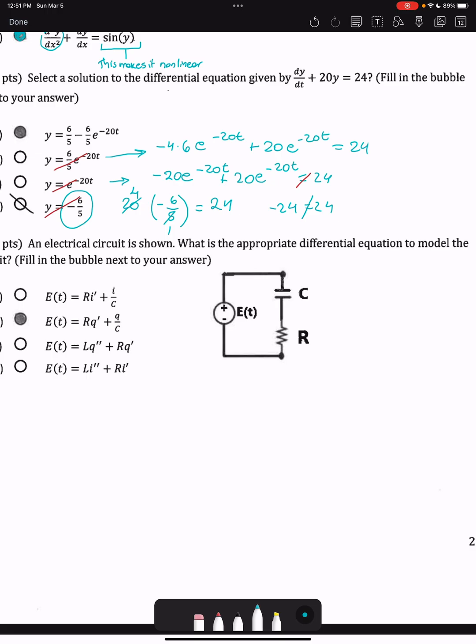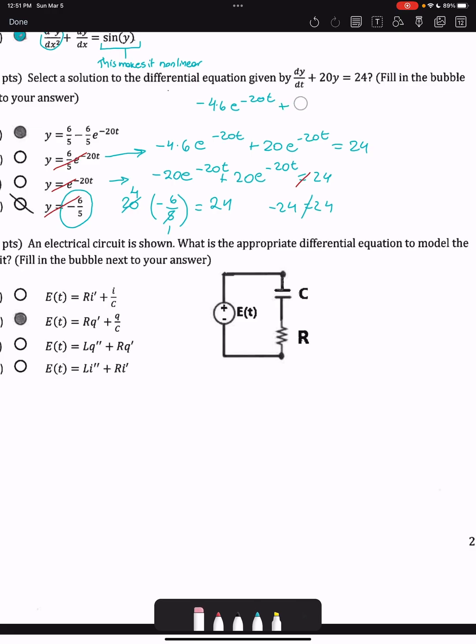Well, let's see. If I have a 6 over 5 minus whatever the derivative was, which was 4 times 6 e to the negative 20t, this one actually is not here because the derivative of a constant is 0, plus 20, but it's going to be here.